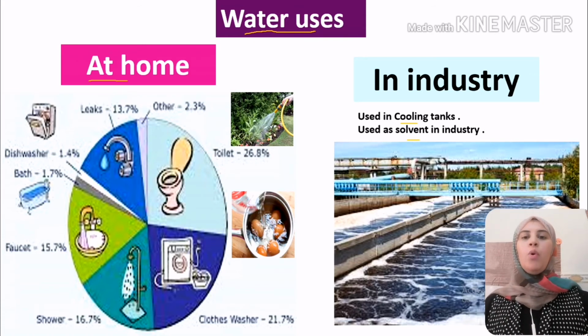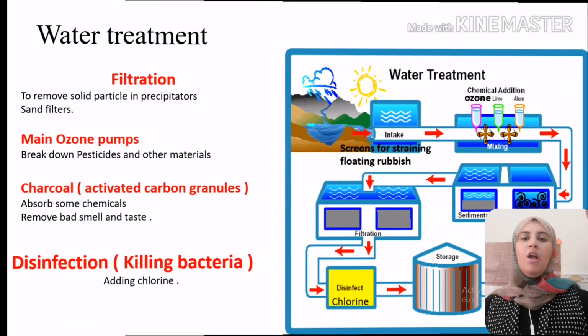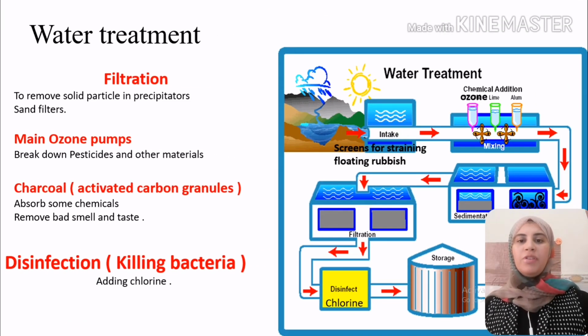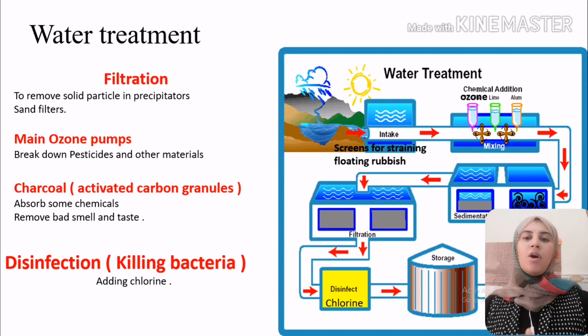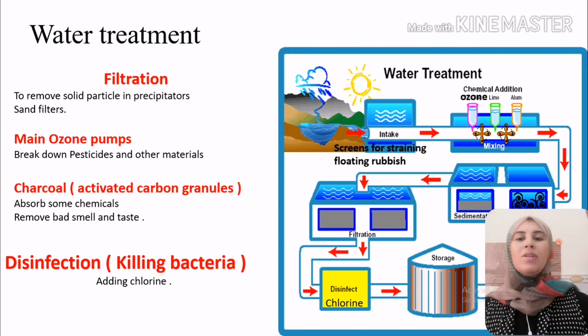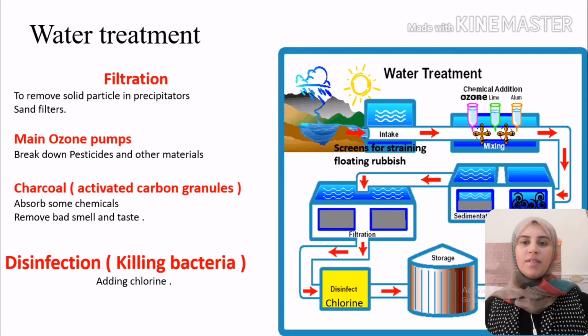The next one, water treatment. Of course, if we want to make water treatment, we will make it for river water and stream water. We don't want to make water treatment for sea water, because seawater has large amounts of salts.